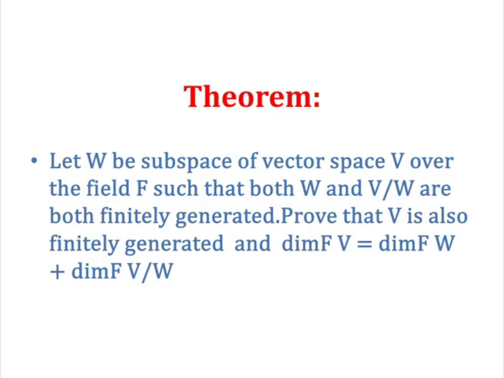Next one. If W is a subspace of a vector space V over the field F such that both W and V/W are finitely generated, prove that V is also finitely generated and dimension V equal to dimension of W plus dimension of V/W.